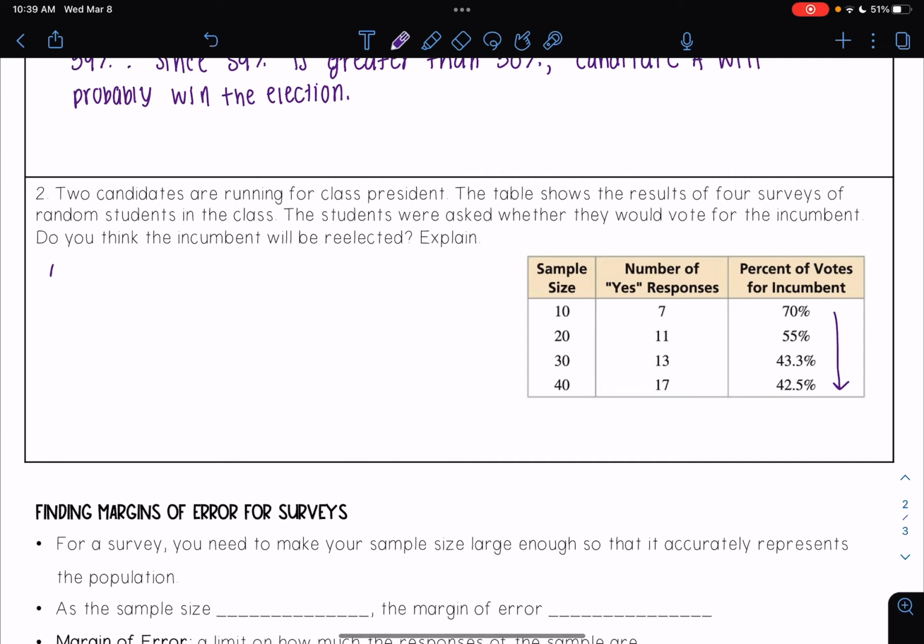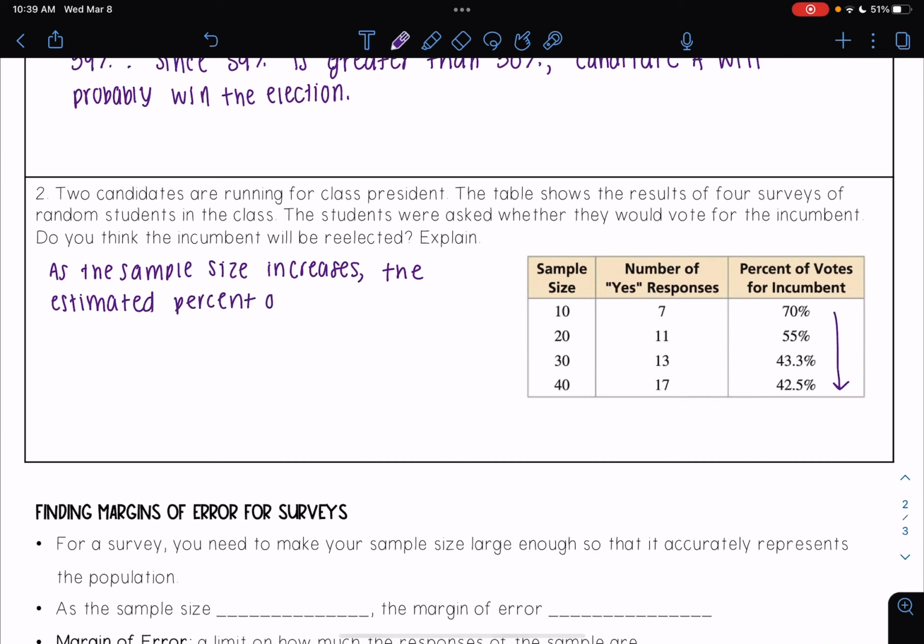And so I want to say as the sample size increases, the estimated percent of votes approaches, I see it's approaching 42%, about, which is less than 50%.